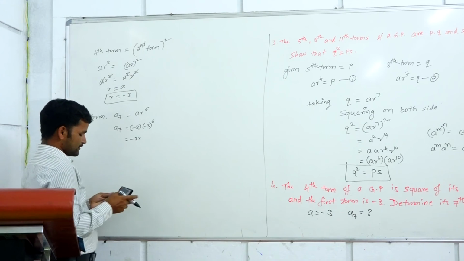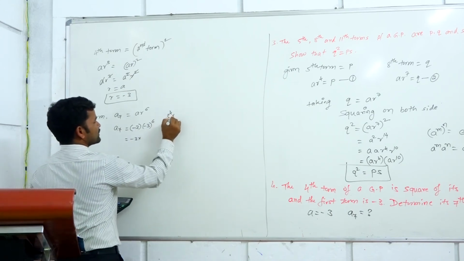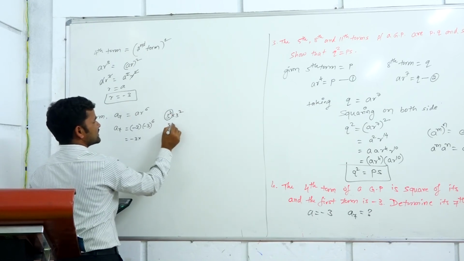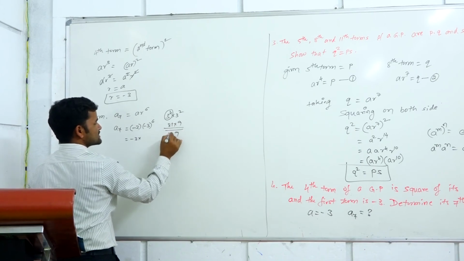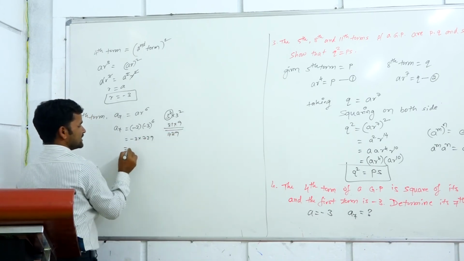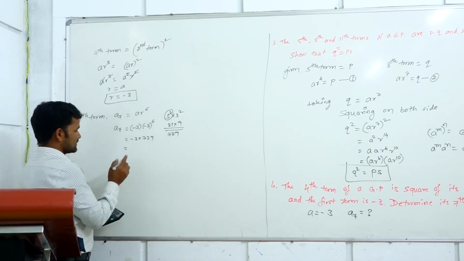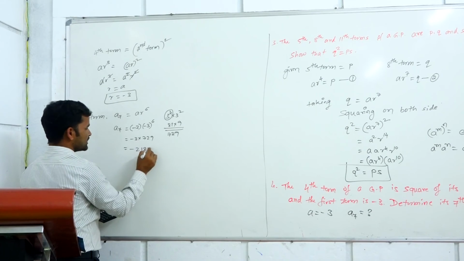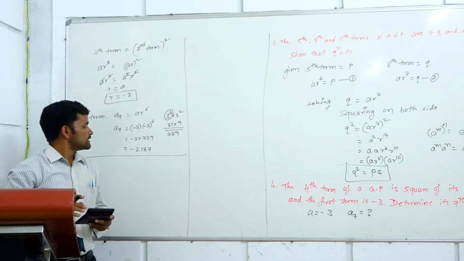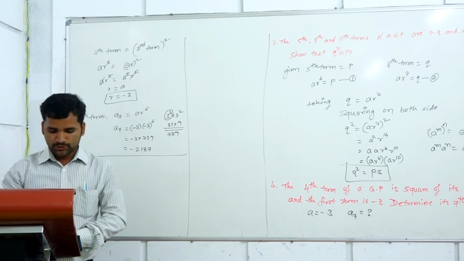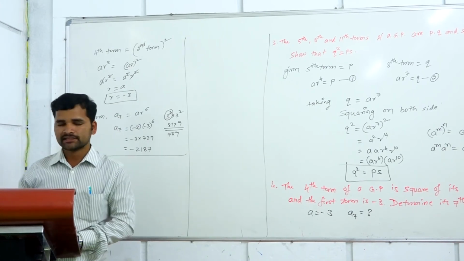Even number in the sense that will be positive only. 3 to the power 4 into 3 to the power 2 I can take. 3 to the power 4 is 81, into this 3 square 9, 9 8 7s are 8 9s are 72. This is 729. Minus 3 into 729 is minus 2187. That is about 7th term of the geometric progression, and we solved the problem number 4 in the exercise 9.3.